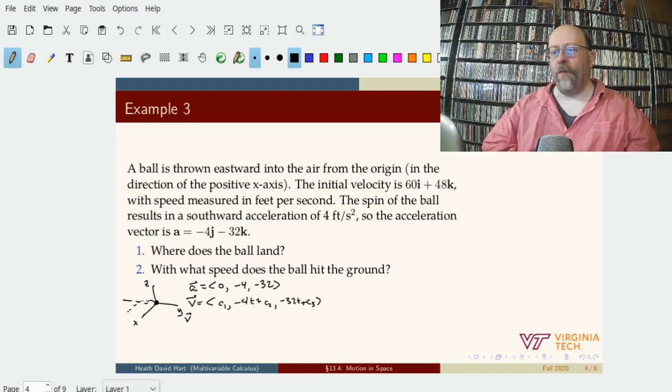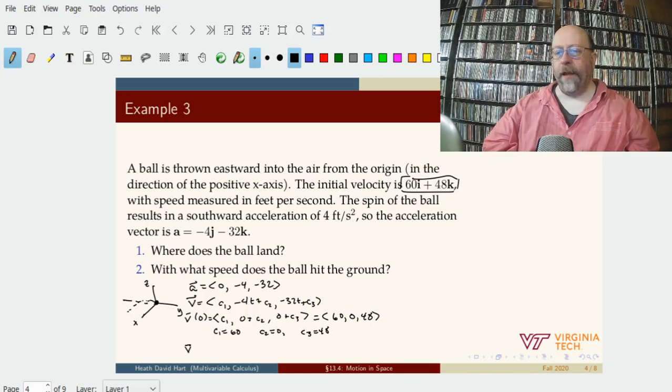At time 0, we know what the initial velocity is. c1, 0 plus c2, 0 plus c3 is equal to 60, 0, 48. And so c1 is equal to 60, c2 is equal to 0, and c3 is equal to 48. And so that gives me a velocity vector of 60, negative 4t plus 0, and negative 32t plus 48.